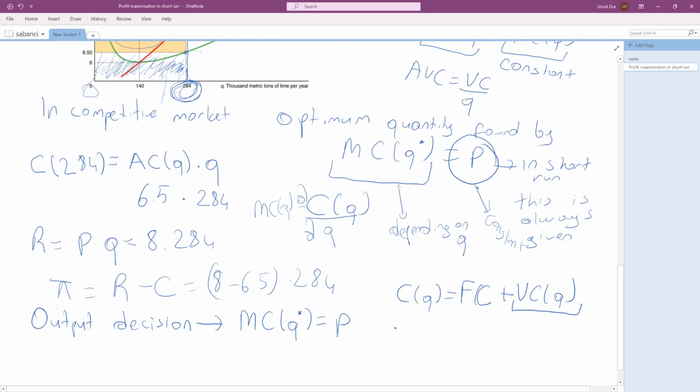So if I take the derivative of this cost function with respect to quantity, do I have anything coming from here? Does anything come from fixed cost to marginal cost? No. So this will be 0 plus the derivative of the variable cost with respect to quantity, which is marginal cost.